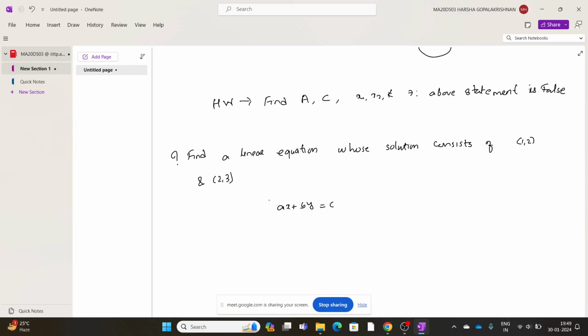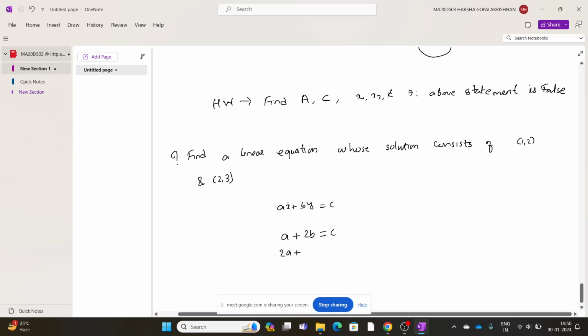Okay, we need to find this equation, which means we need to find the values of a, b, c such that (1, 2) and (2, 3) are solutions. So what we can do, we will substitute (1, 2) and (2, 3) here. We will get a plus 2b equal to c, and (2, 3) is a solution means 2a plus 3b equal to c.